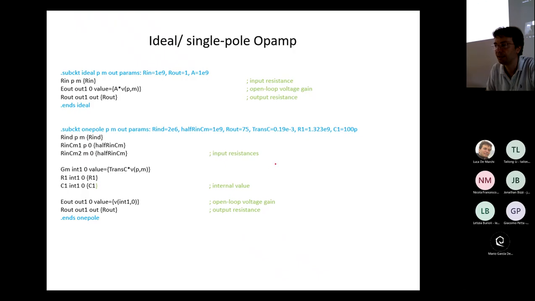So the idea is that rather than using a generic topology like this with a very high valued input resistor connected between the positive input and the negative one, plus and minus, here we have a voltage controlled voltage generator, E out.